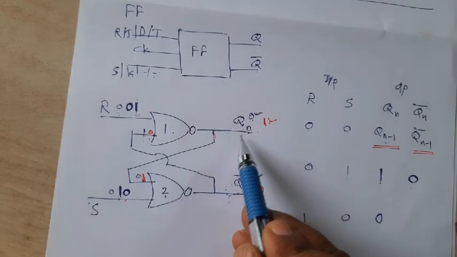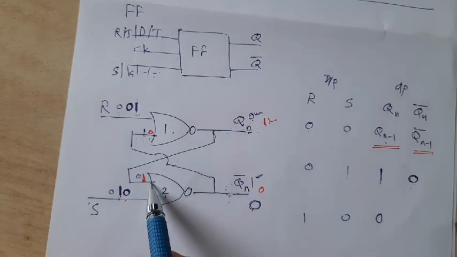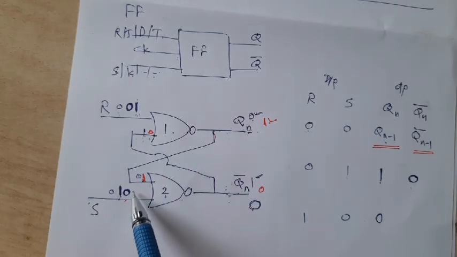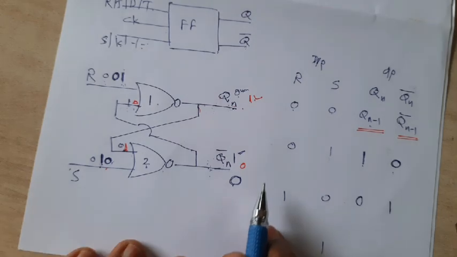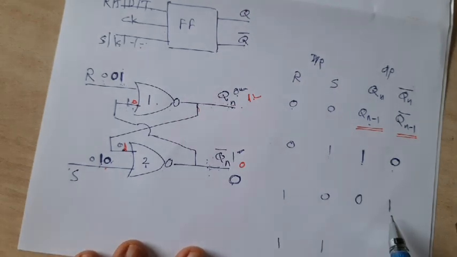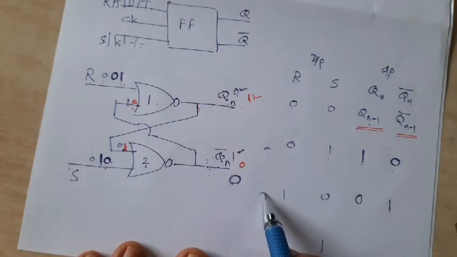Now this 0 acts as input to the second NOR gate. Both the inputs of the second NOR gate are 0 and hence the output is forced to be equal to 1. Right? Therefore, these two cases are similar.